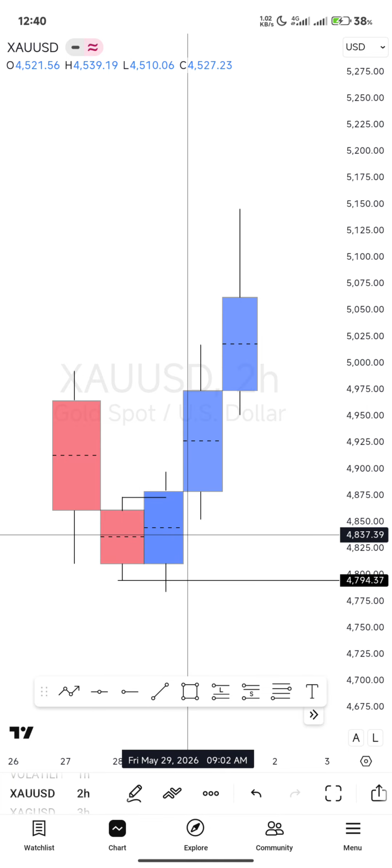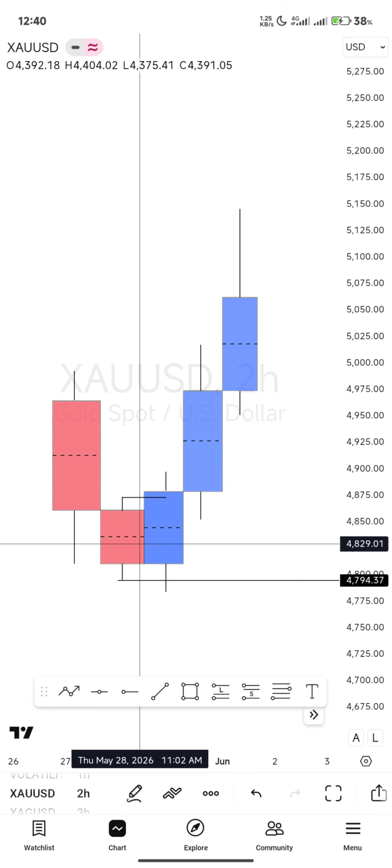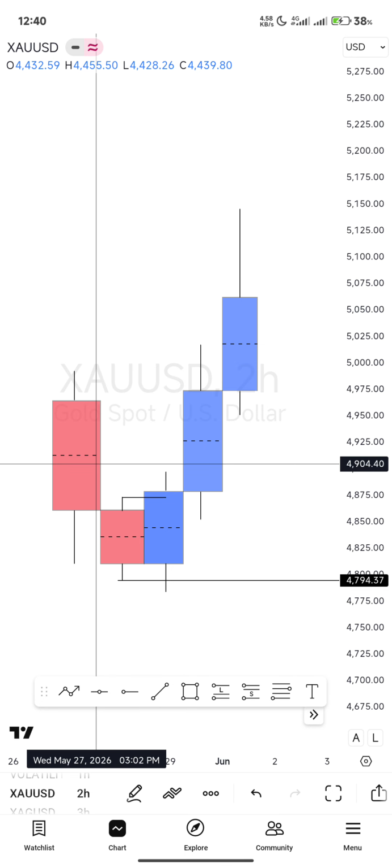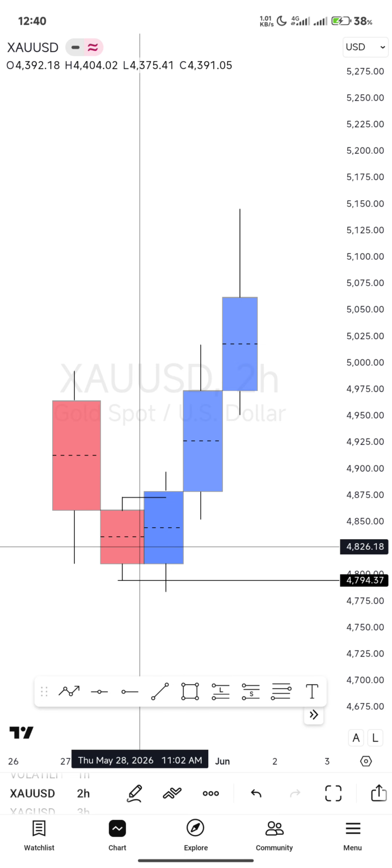Number one, you want to see the low of this order block swept. The bearish candle that has the last low has to be swept.